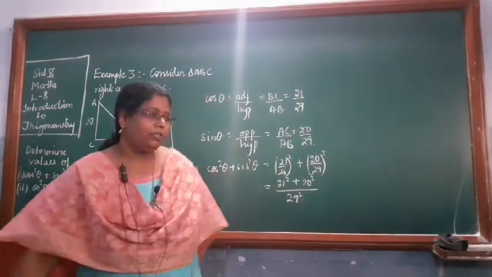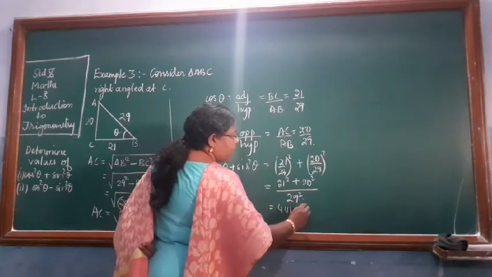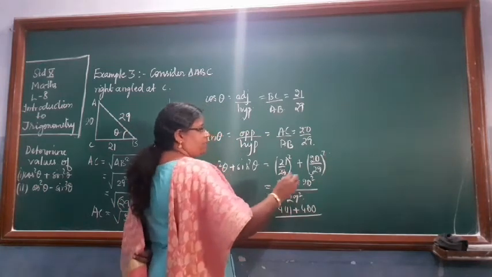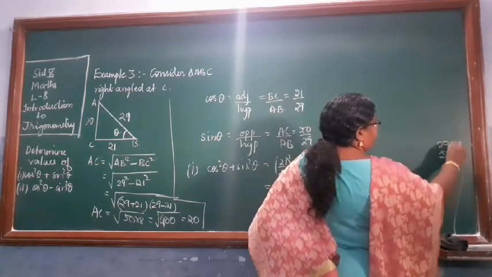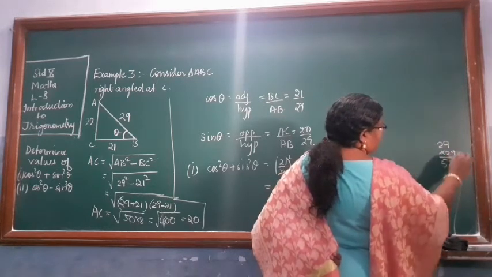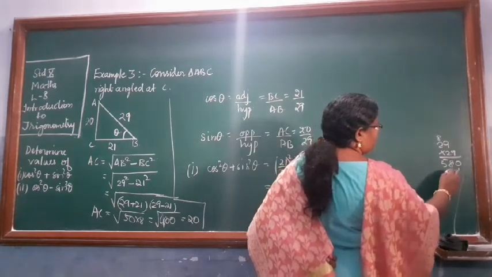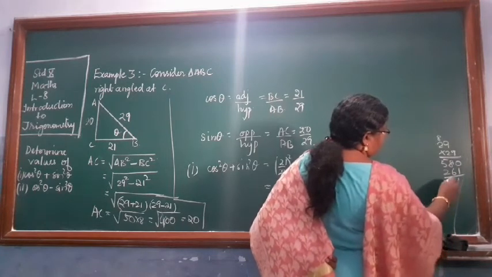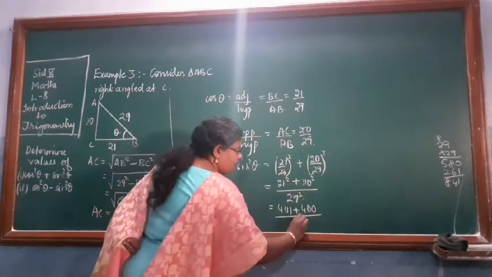Now 29 square you should find out. 21 square maybe everyone knows, it is 441, plus 400, upon 29 square. Let me find it here itself. 29 into 29 is 841.